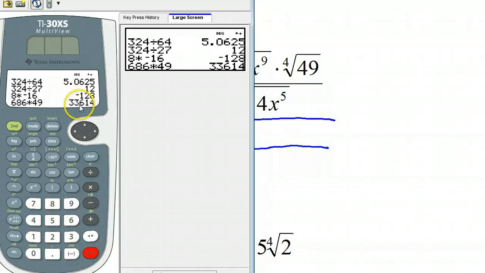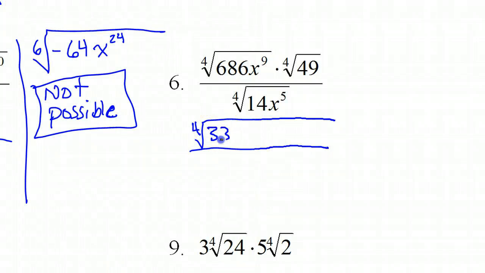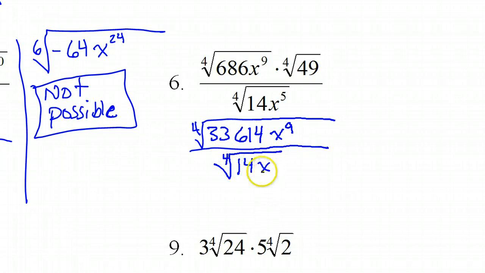All right, that's 33,614. Okay, and then we've got this x to the 9th power. Meanwhile, in the denominator, we have 4th root of 14 x to the 5th power.